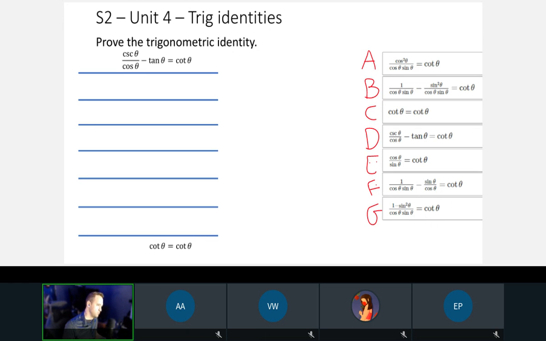This is not really even a proof. I guess it kind of is. It does say proof, so a hard proof.